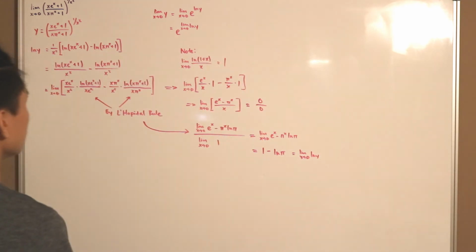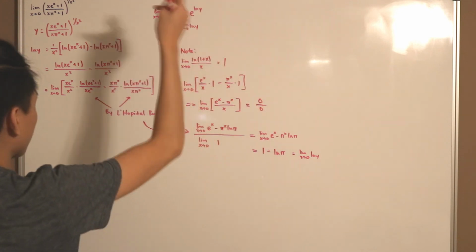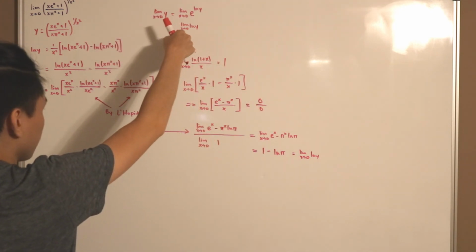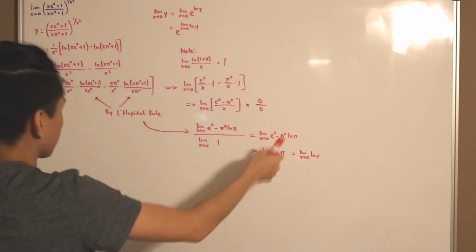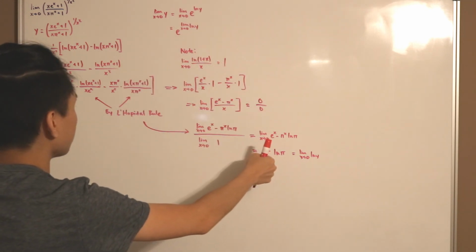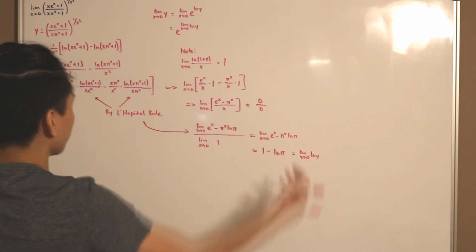Okay, so now that we have this, going back, we have e raised to the limit as x approaches 0 of ln of y. We just established that this is equal to 1 minus the natural log of pi.